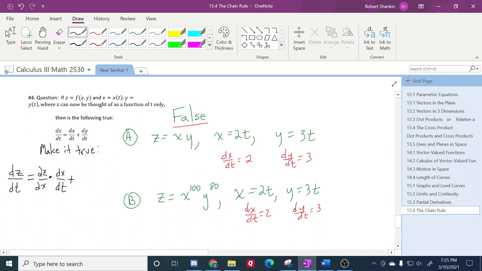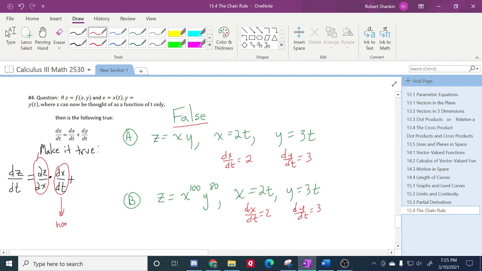Now, what does this mean? What does this mean? All right. I like to describe it this way.